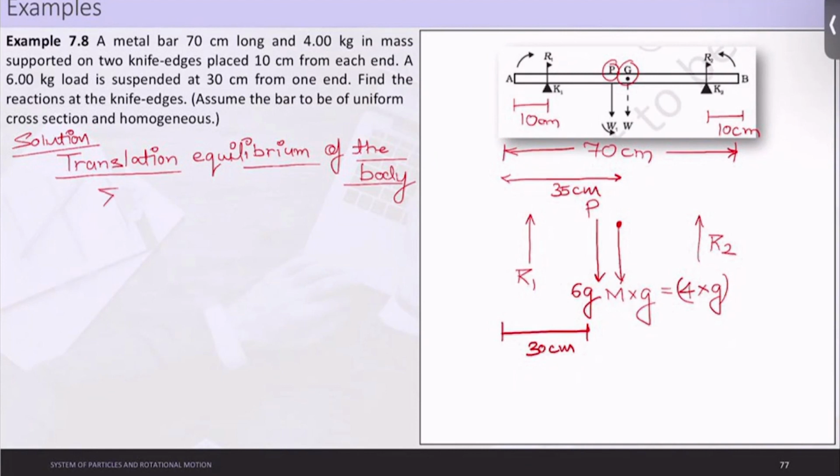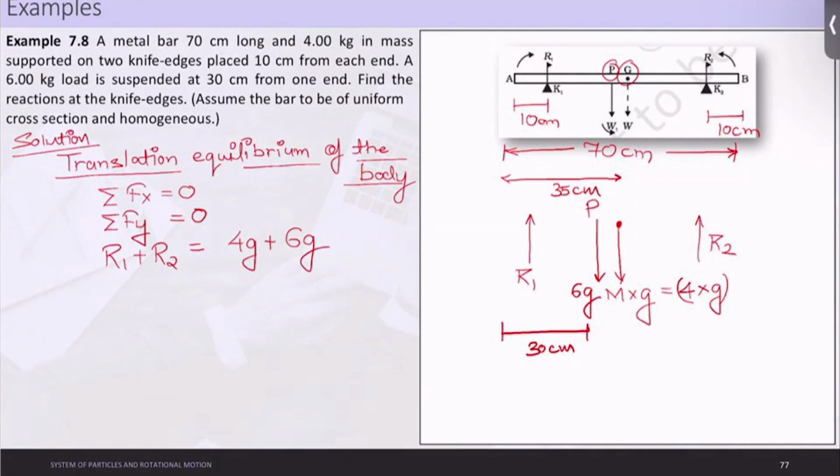First of all, summation Fx equal to 0. There is no use because there is no force in x direction. Let us calculate now summation Fy. Using summation Fy equal to 0, we can say that R1 plus R2 is equal to 4g plus 6g, because 4g and 6g are in the downward direction, and R1 and R2 are in the upward direction.